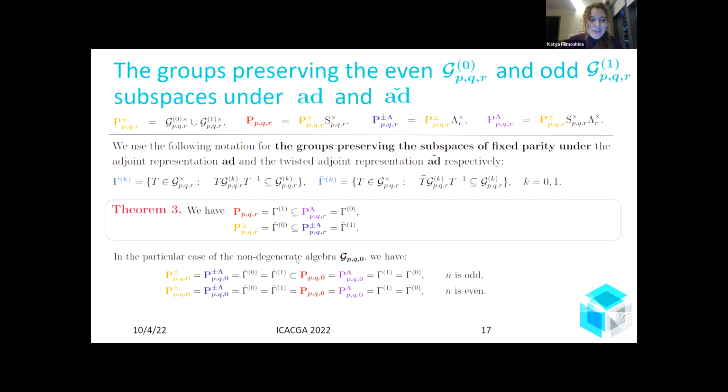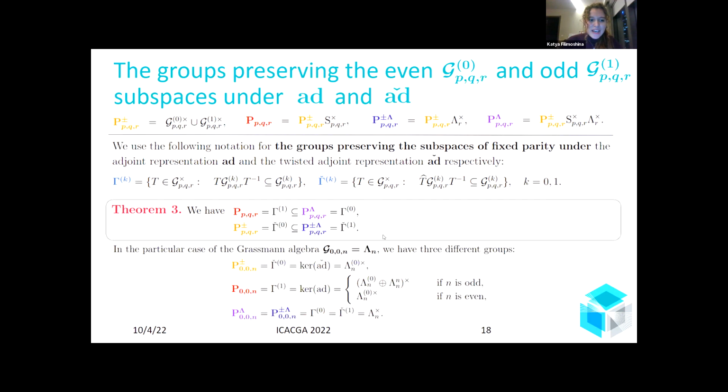Note that in the special case of the non-degenerate algebra G(p,q,0), using theorem 3 and the definitions of the four groups P, we obtain that all the groups gamma coincide if n is even. And there are 2 different groups gamma if n is odd. In the particular case of the Grassmann algebra G(0,0,n), we get that there are 3 different groups gamma.